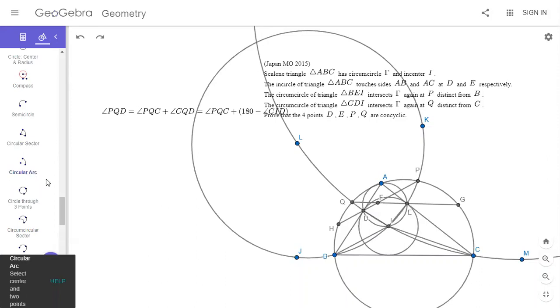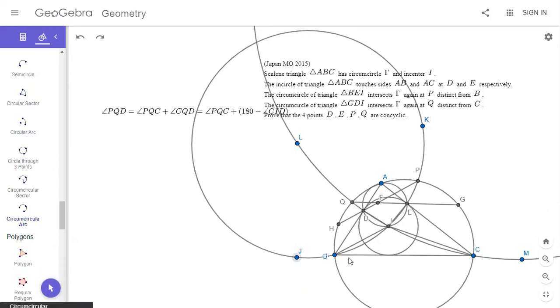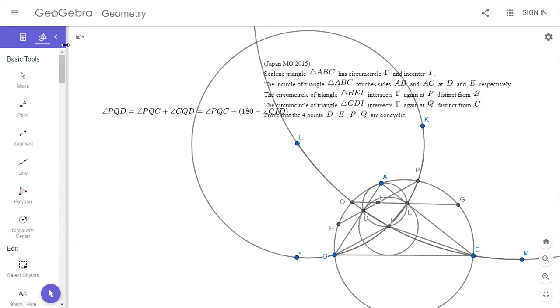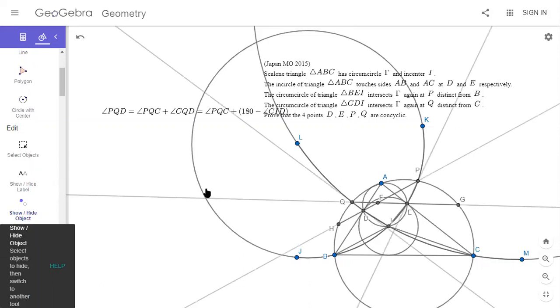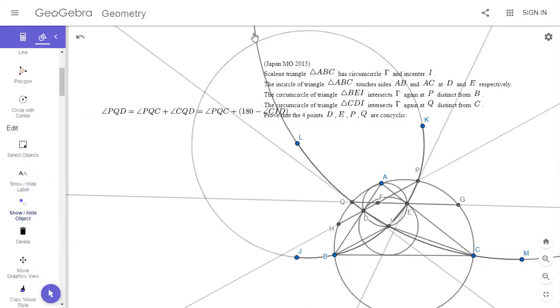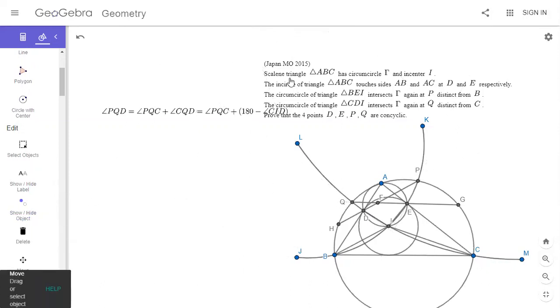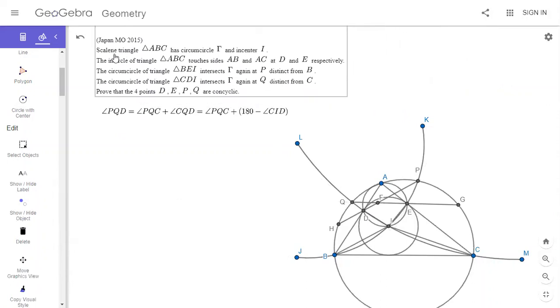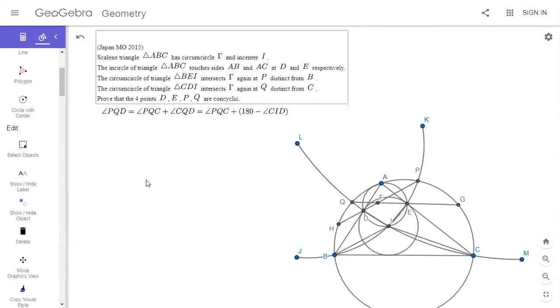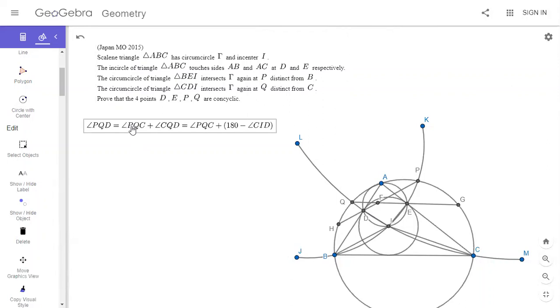Circular arc BK, that's one arc. JCM. All right, so I'm going to hide the rest of the circle and just show the arc so it doesn't overlap the solution. There we go. That looks a little weird, doesn't it? Oh well.